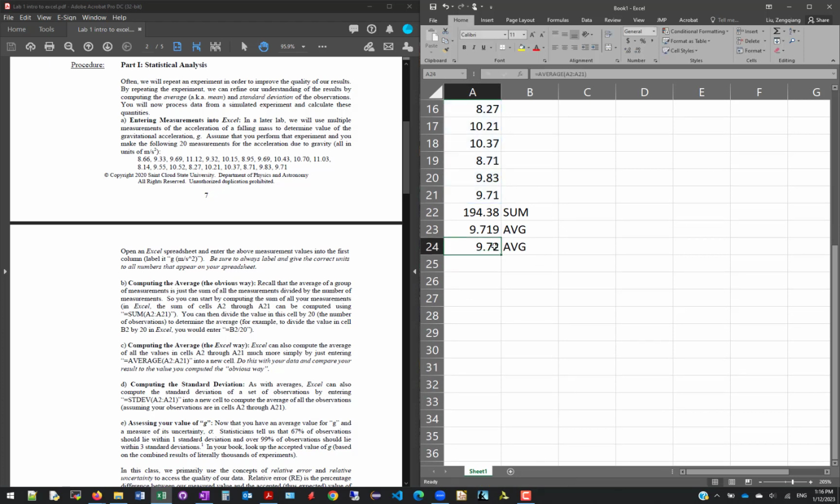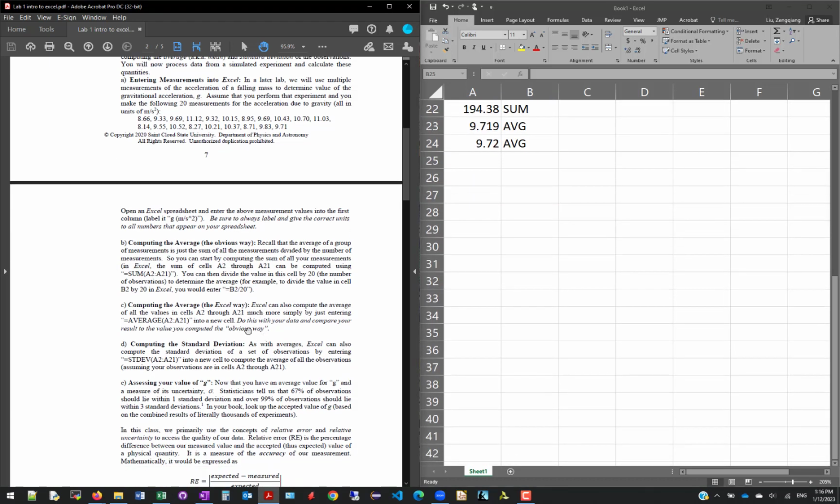So okay, well, that is a slightly different value because it has a different number of digits displayed. Well, how many digits are we supposed to keep? Well, the sum is an intermediate value, so I don't really care. You didn't have to write these numbers down on your own, which means you didn't have to make any mistakes with more digits. But the final answers do have to have the right amount of sig figs.